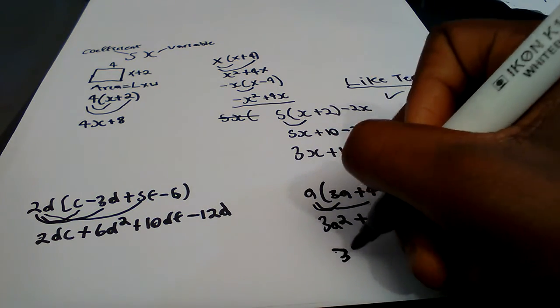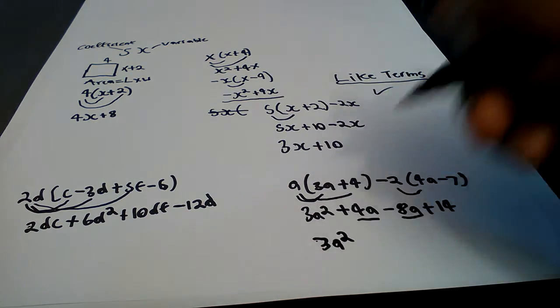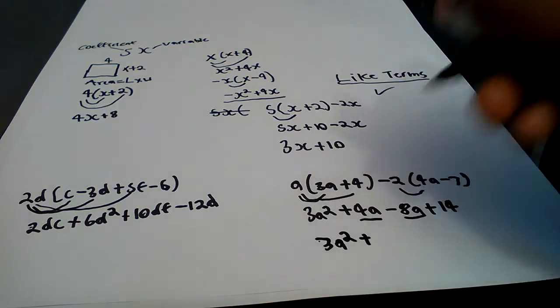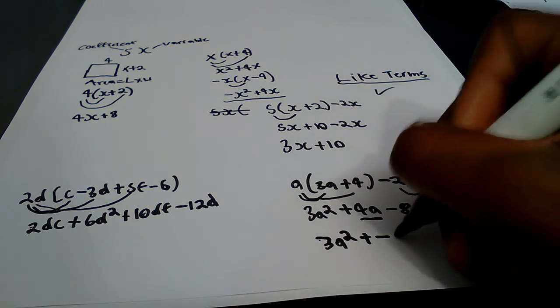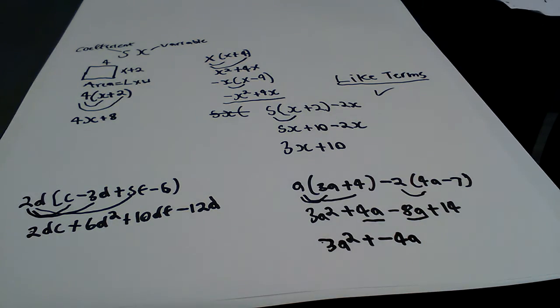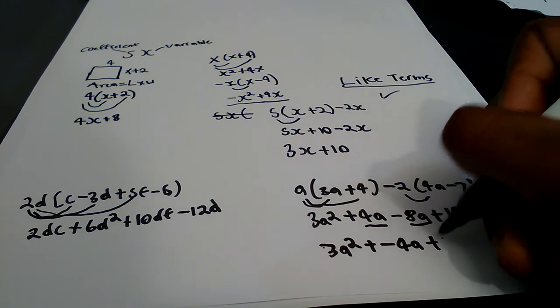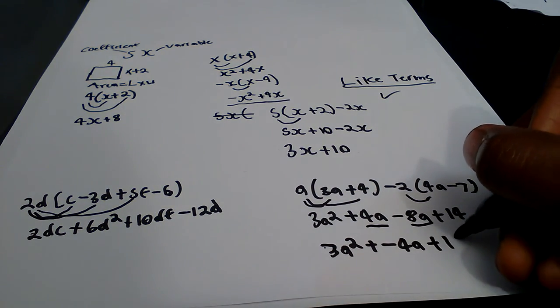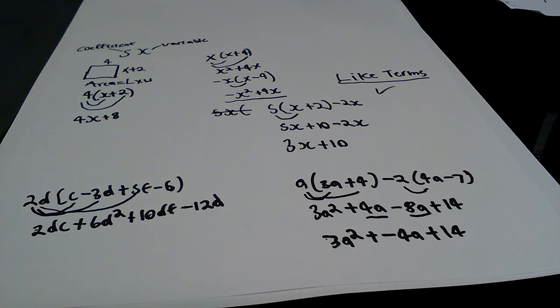But obviously, we'll do 3a squared first, plus, what did we say this was? Minus 4a. Okay, simple as that. And then we did plus 14. There we go.